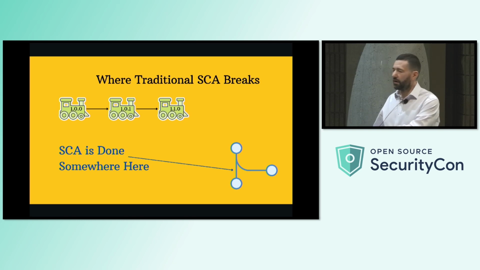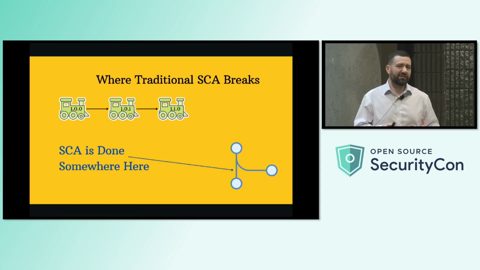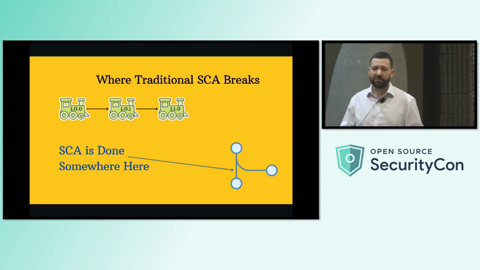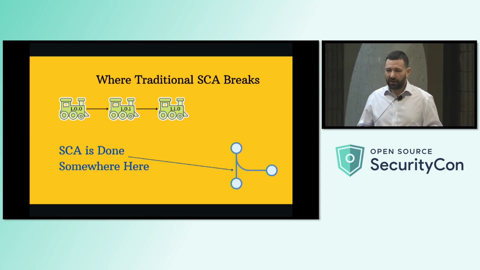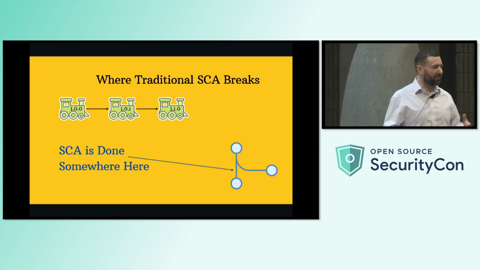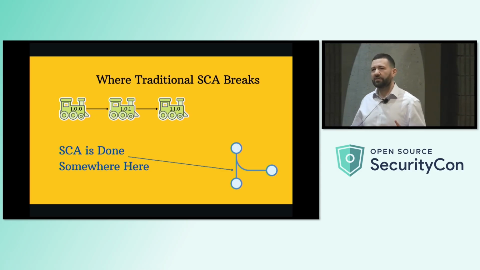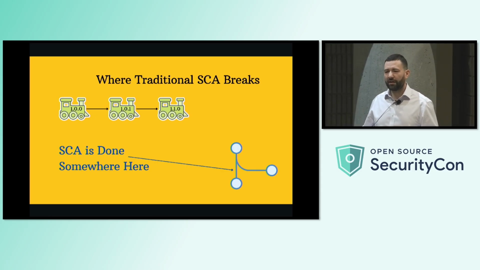Then you have some Git repository, and at some point in this Git repository, SCA happens. It happens usually every 6 months, every 3 months, every 1 month. The problem here is those two things are frequently disconnected.